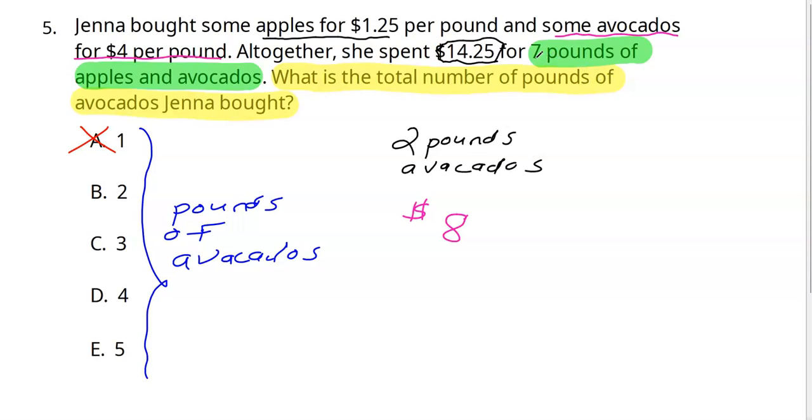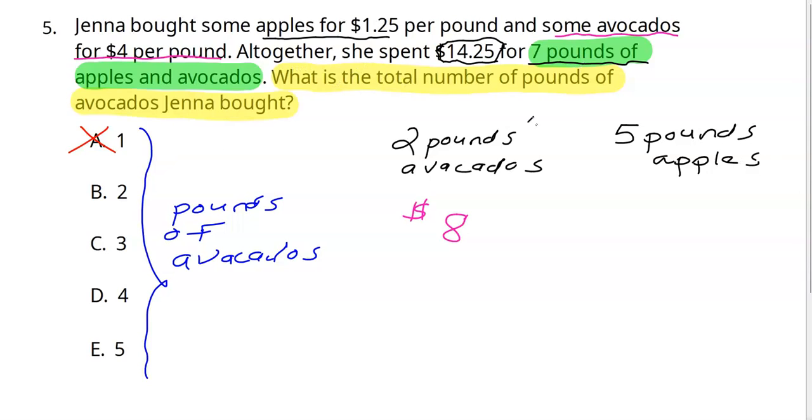It says right here, 7 pounds of apples and avocados. So the total weight has to be 7. If this is 2, this would have to be 5 pounds of apples, because 2 pounds plus 5 pounds is 7 pounds.